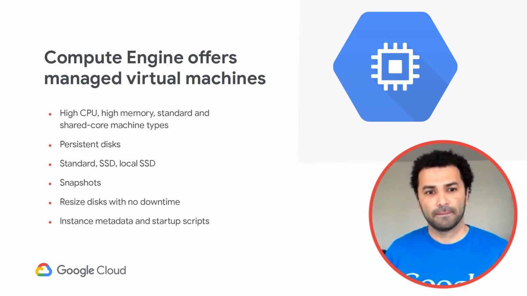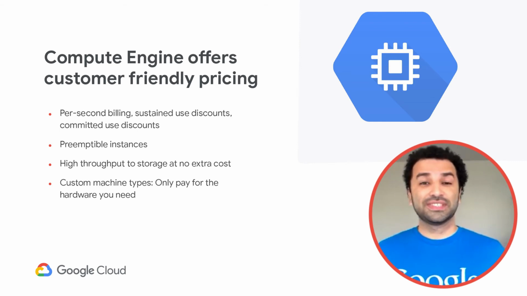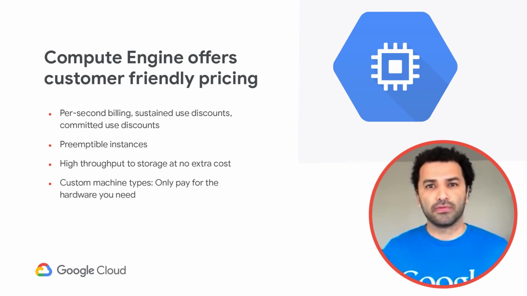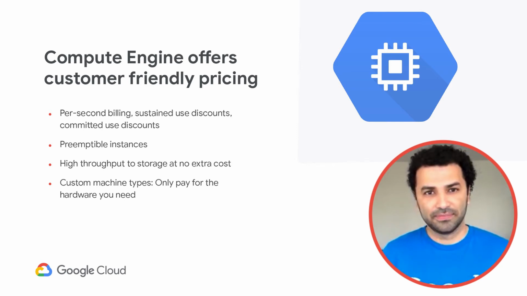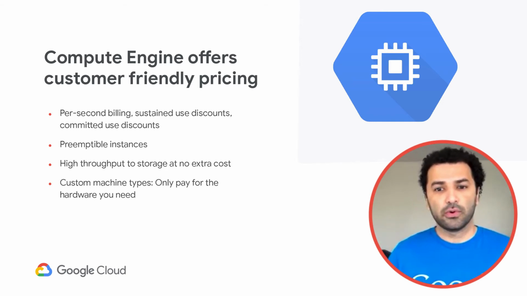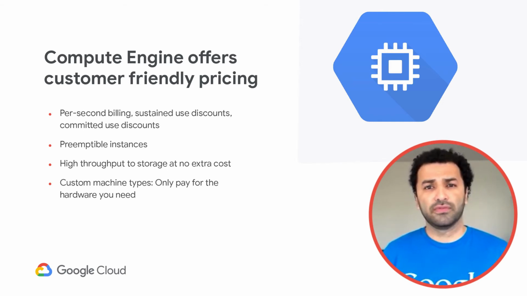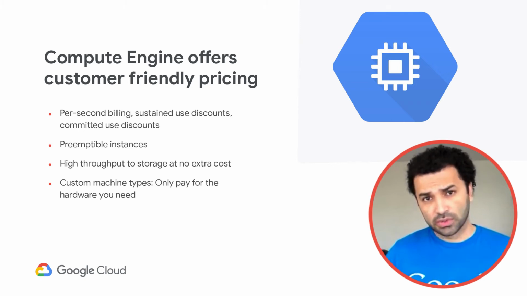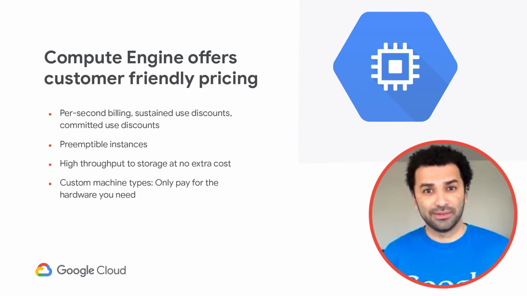When it comes to pricing, as we discussed earlier, Compute Engine offers you per second billing, as well as some discounts that are applied automatically on top of your billing cycle. We have something called sustained use discount, which is when you continue to use the same resource for more than 25% of the billing month, then you automatically get discounts applied, and this can go up to 30% per month.